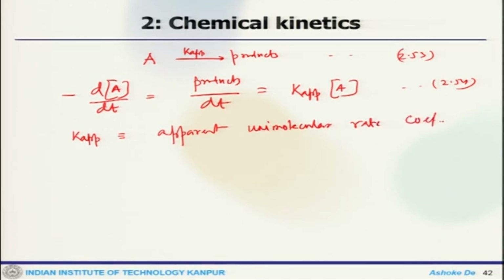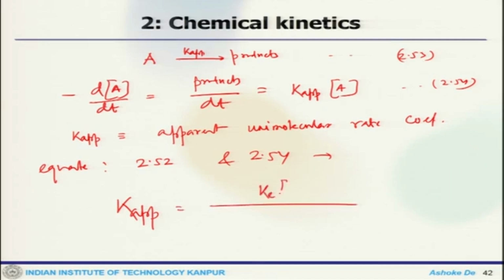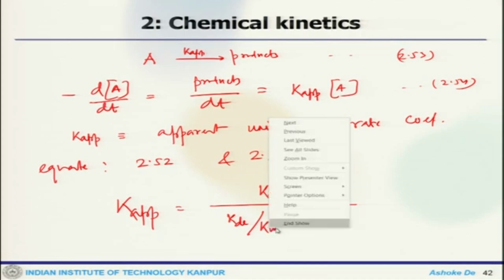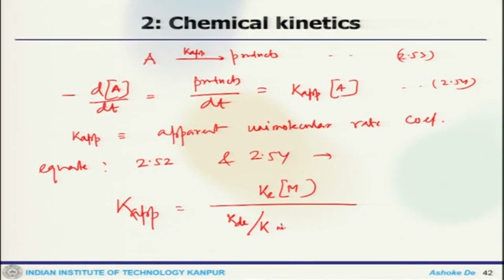Now, we equate two equations 2.52 and 2.54, which will yield that K APP equals to K E m K d E by K unimolecular m plus 1, which is 2.55.